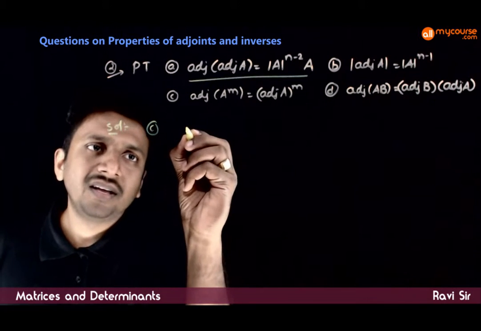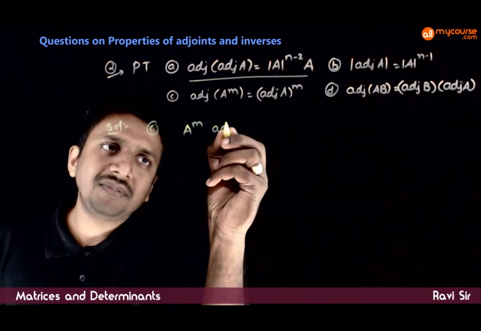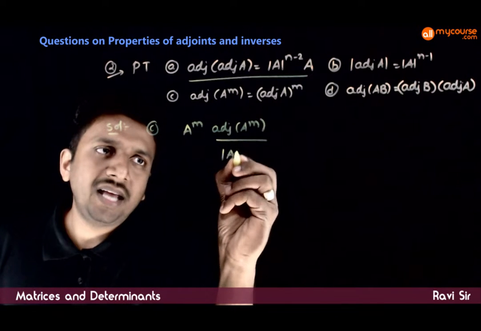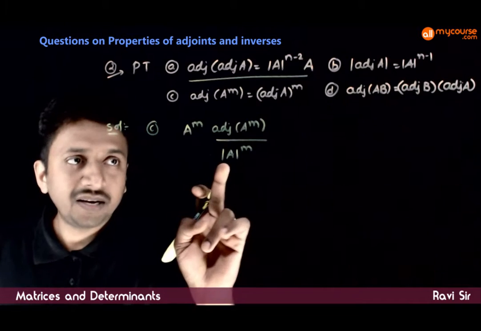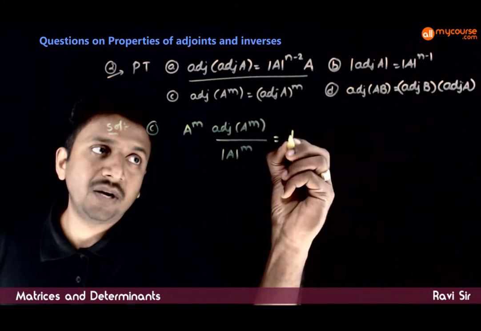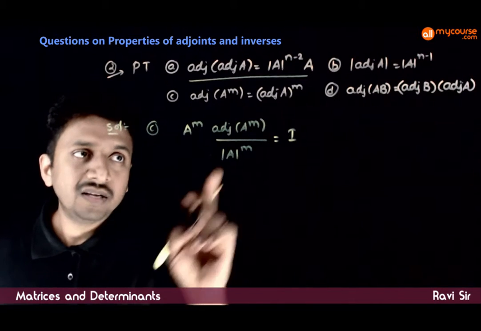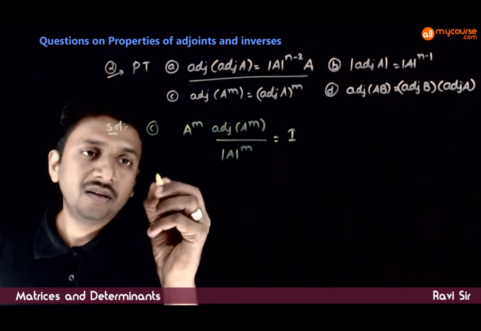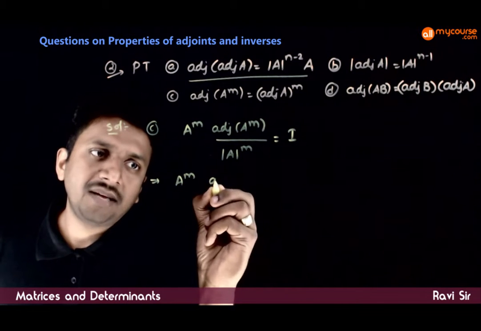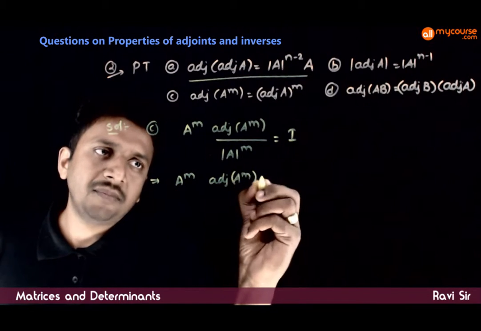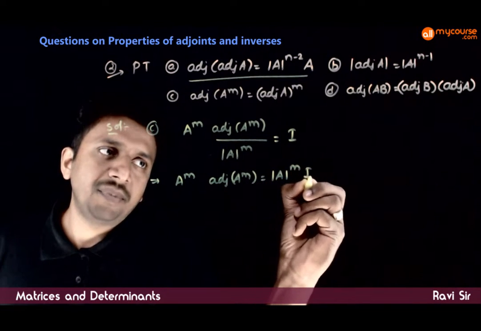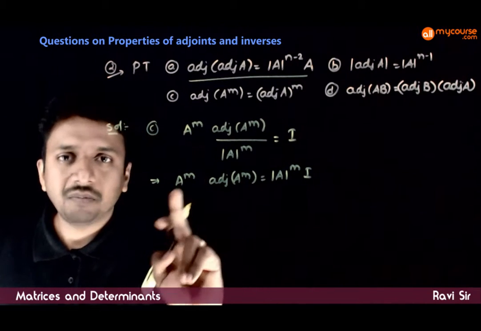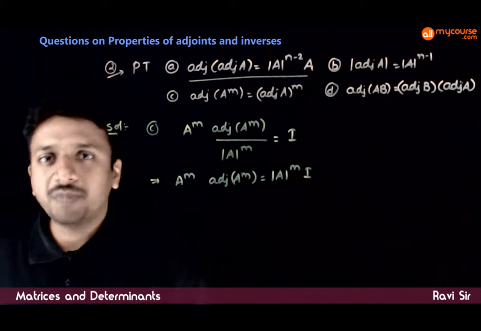Let us start with A to the power m times adjoint of A to the power m by det of A to the power m, which is (det A) to the power m, and this is equal to I. So this implies A to the power m times adjoint of A to the power m is equal to (det A) to the power m times I. Now I'll multiply both sides by (A inverse) to the power m.